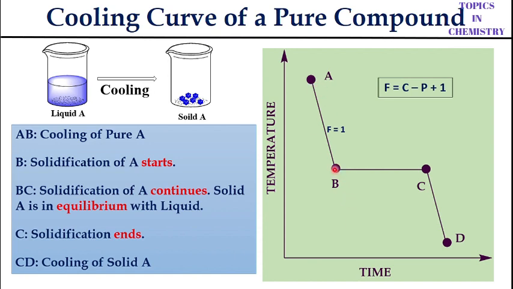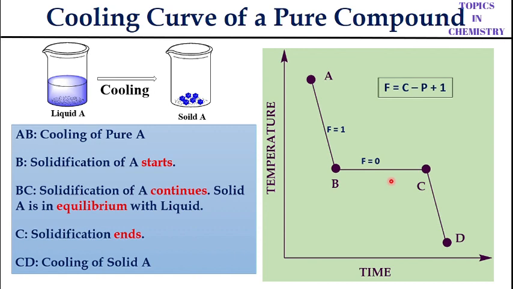Now if you look at the BC line, the degree of freedom F is equal to 0. Why is F equal to 0? Already I told you that here solid A is in equilibrium with liquid. Solid A means solid is one phase, liquid is another phase. So here the number of phases is 2, and the number of components is 1. So 1 - 2 + 1, so F = 0.